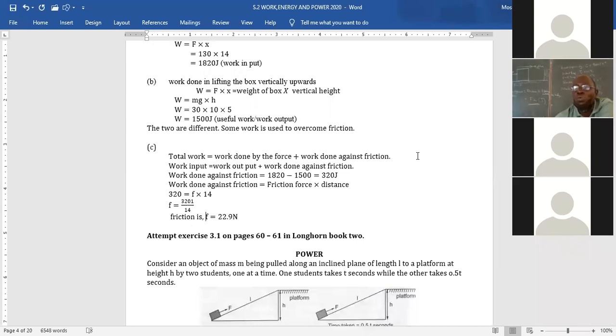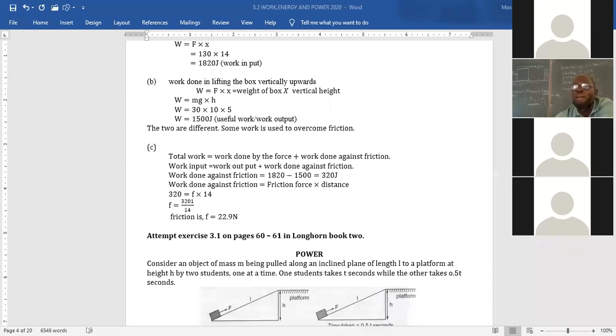Then the work done by the load is what we call the work output. The work done on the books, because our books represent the load. So that is our work output. The purpose was to get the load through a vertical height of 5 meters. We are using an inclined plane. And I told you the inclined plane is a machine that eases work.